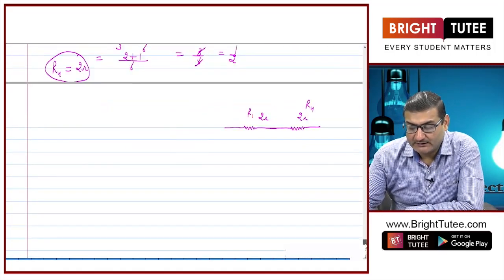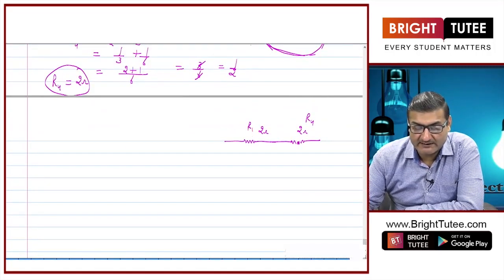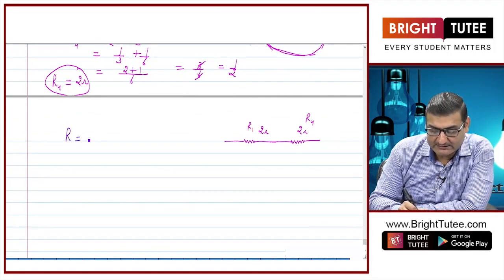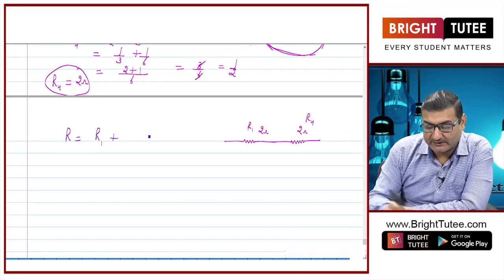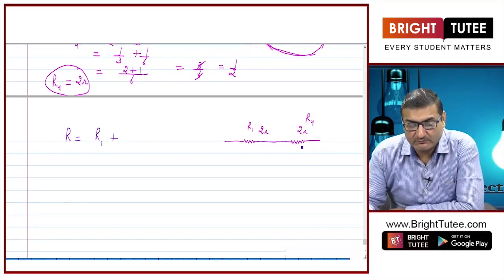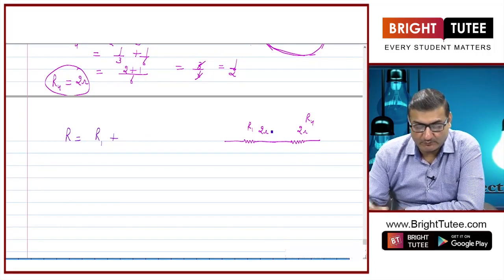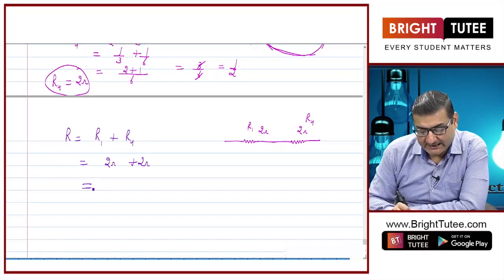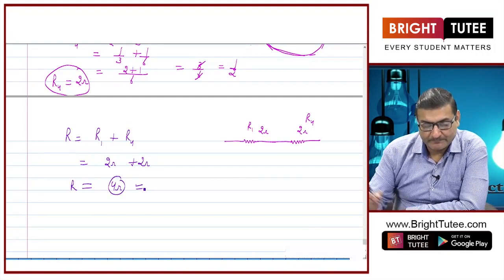Now, it is simple that these two resistances R1 and R4 are in series to each other. Now, the total resistance will be the sum total of R1 and R4, which comes out to be 2 ohms plus 2 ohms, and our answer is 4 ohms, right.